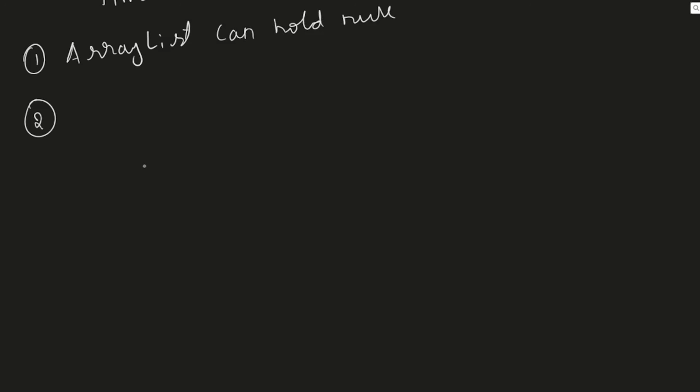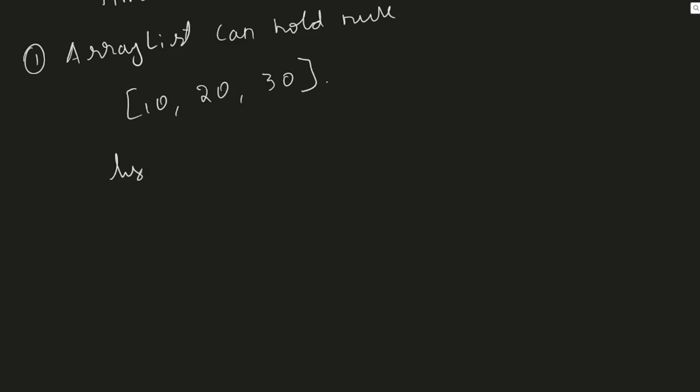Two more important points in ArrayList is we can insert a null value into ArrayList and hold null value. For this example, let's take we have 10, 20 and 30.